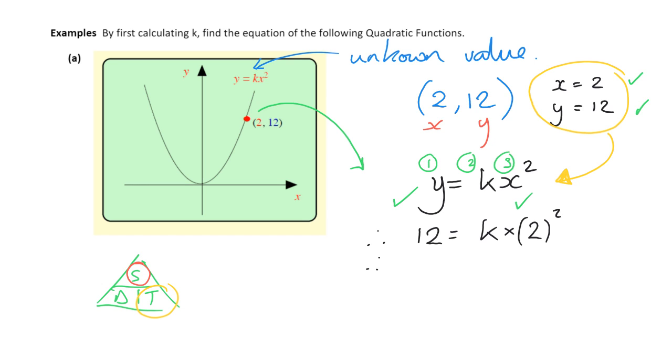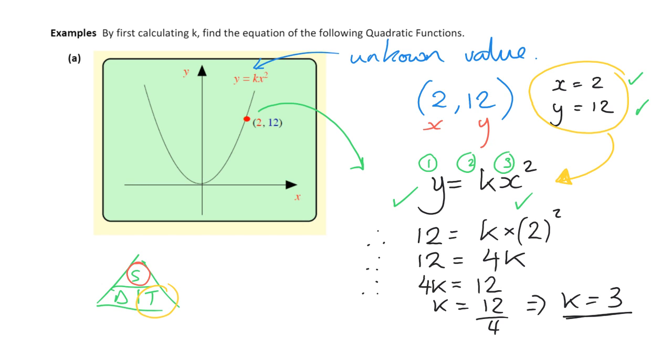So actually we have 12 equals 4k, because that's k times 4, or 2 times 2. Now what I would have taught you before to solve this was just flipping. So 4k equals 12, so k equals 12 over 4, and therefore k equals 3.